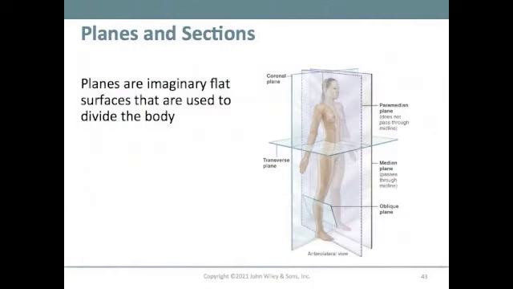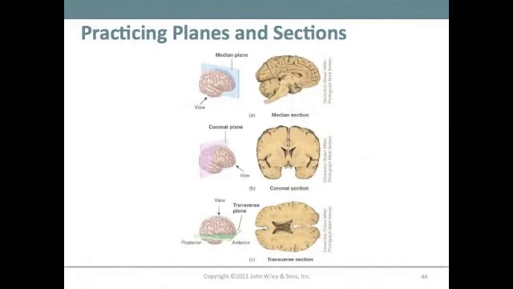Planes and sections. This is like algebra, right? Because you've got kind of a coordinate plane there. You can divide the body up into these different planes and section it off that way. There's a nice diagram of that in figure 1.8 on page 18. Here we use the brain to visualize these sections. The median plane slices the brain directly in half.